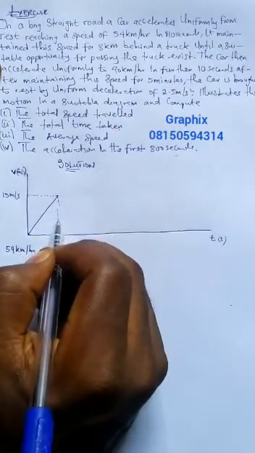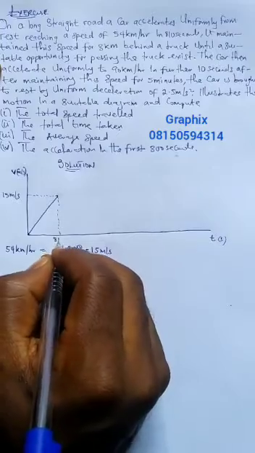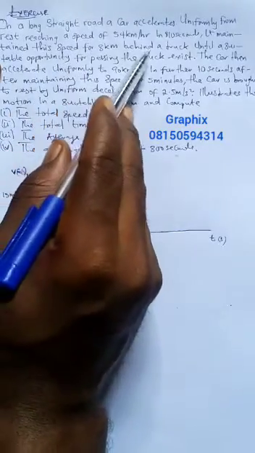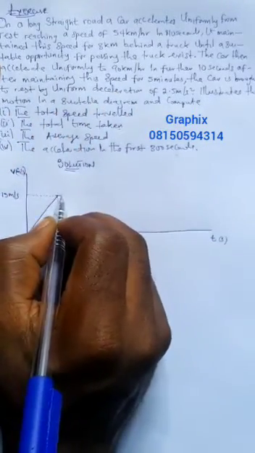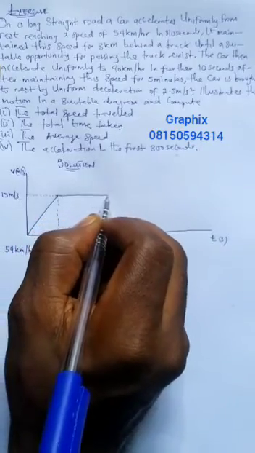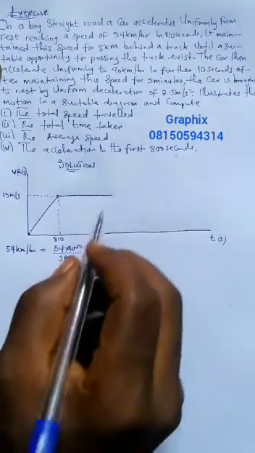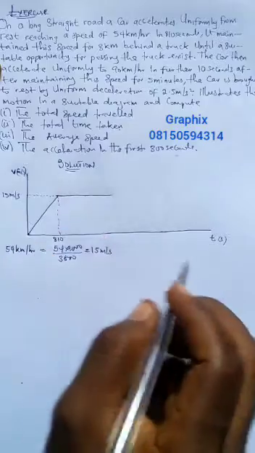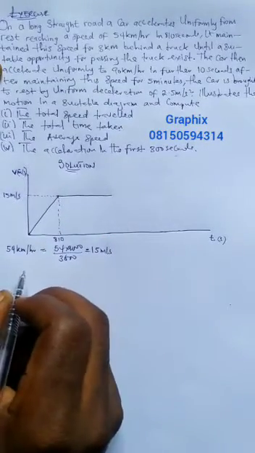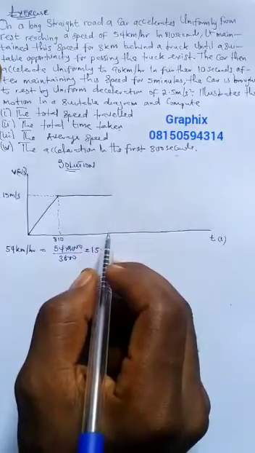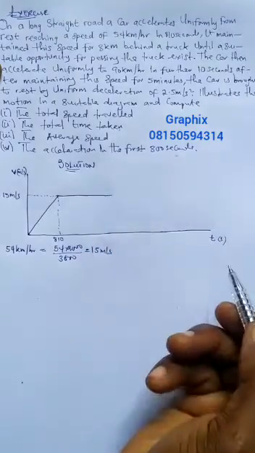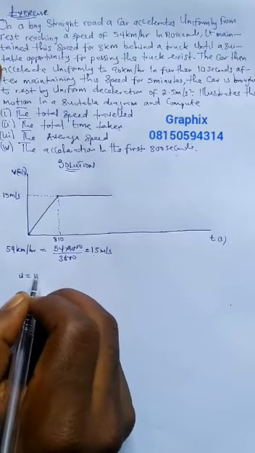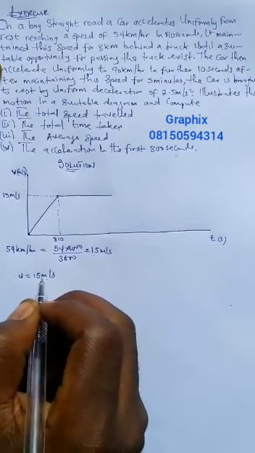So this is 810. Now it moves forward. It says it maintained this speed for 3 km behind the truck. That means the speed was constant for 3 km. Now that means the initial velocity, u, was 15 meters per second, right?